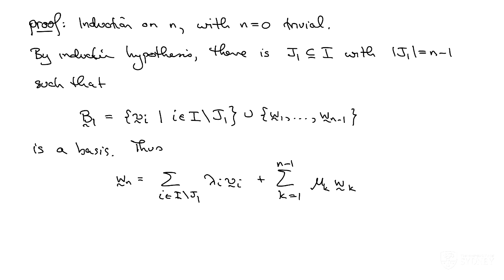If all of these were zero, then Wn is actually a linear combination of the other W's, so we have to somewhere use linear independence of this subset W1 up to Wn, and this is where we're going to do it. One of these is non-zero. I call it J in my notes.